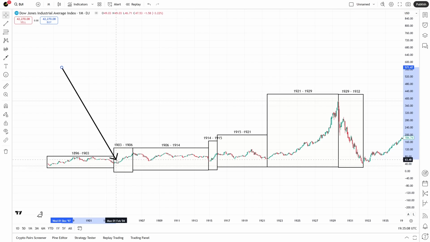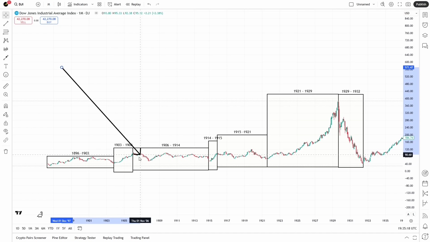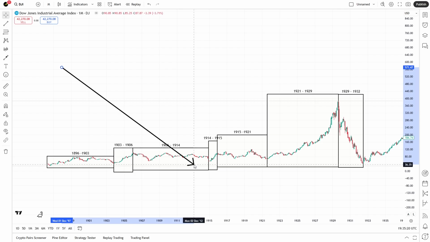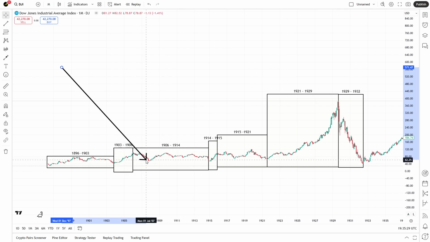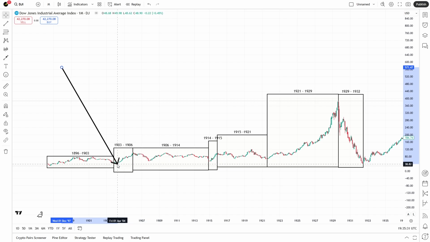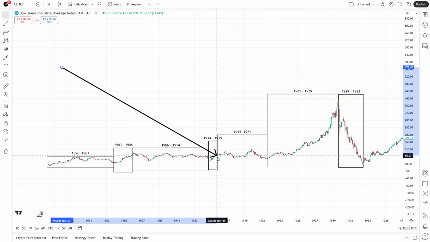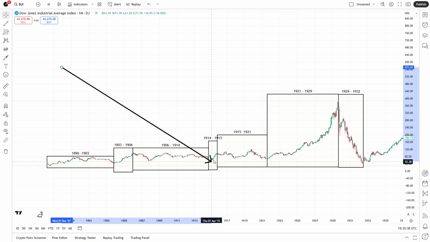Now, these are two kind of easy things to pick out. It gets challenging to break things up correctly. So from 1906 to 1914, it does a range-bound kind of structure, and you could say, well, why don't we just include this in that? The reason why I don't is because this is a unique move up into this zone. At the end of this box, it drops, and then it does the same thing again.